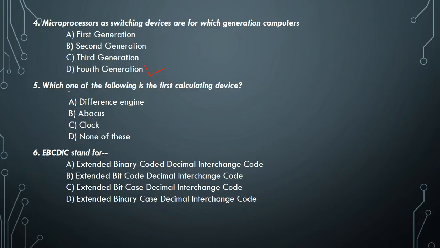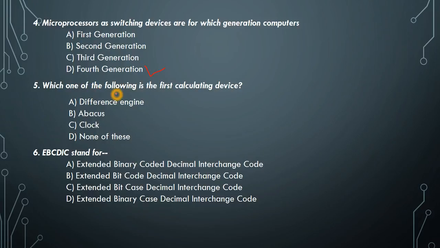For third generation, second generation, and first generation, you can gradually go through it and learn it, or otherwise just bear with this video, because in the further videos I am definitely going to guarantee that many questions will come, like which was the first generation, which one was the second generation, what was 8085, what was 8086, and all these things.